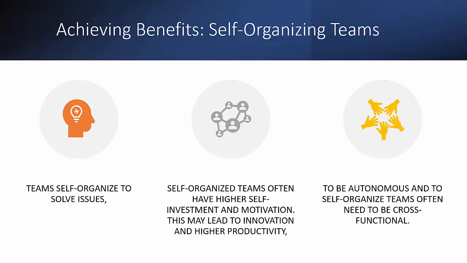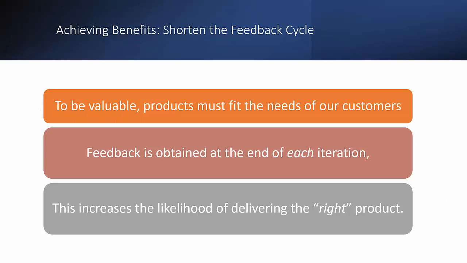The next benefit that I want to mention, of course, is the shortening of the feedback cycle. It's connected to the iterations that we've mentioned earlier, right? In order to deliver value, we need to be able to address what the customer's needs are. And the only way to do that is to focus on the feedback that we get through each iteration from the customer.